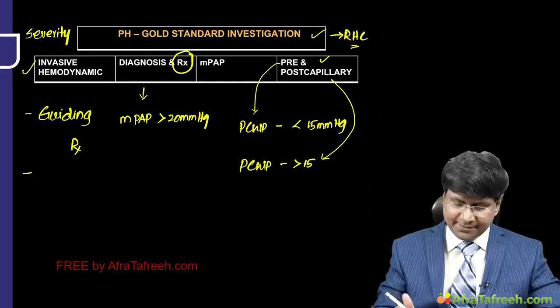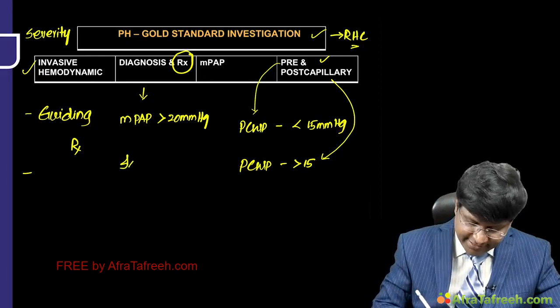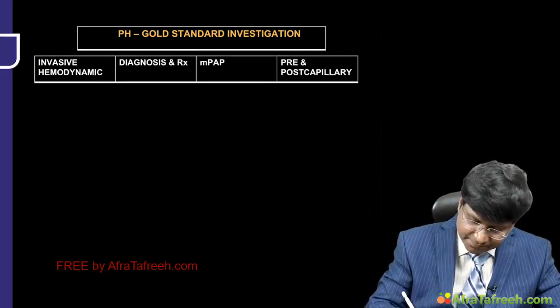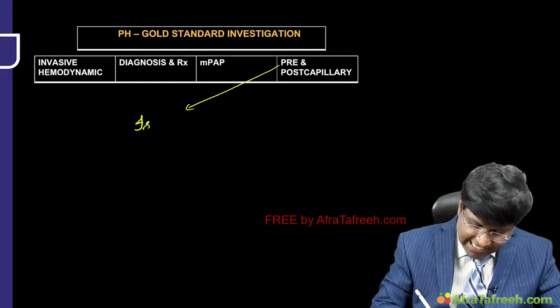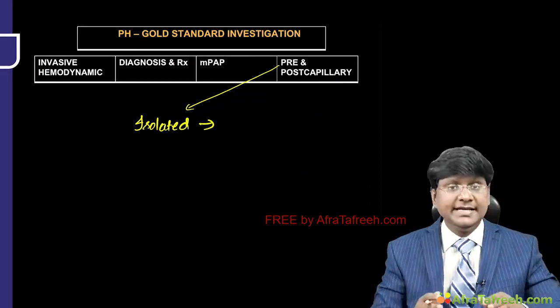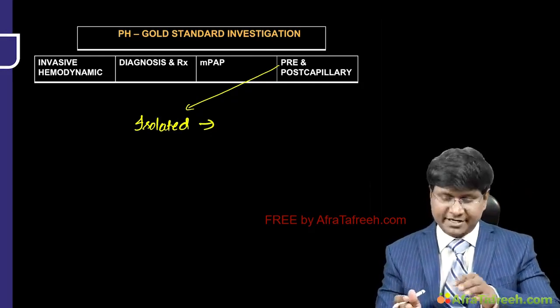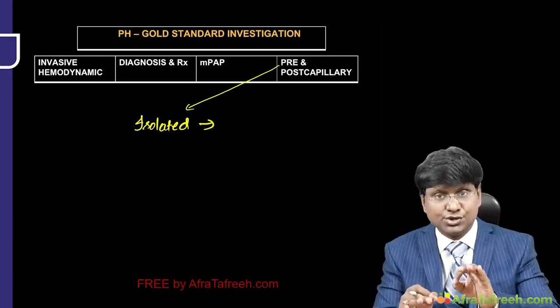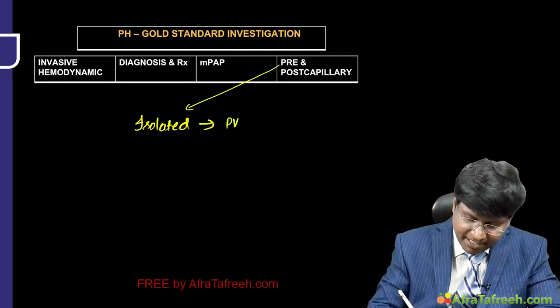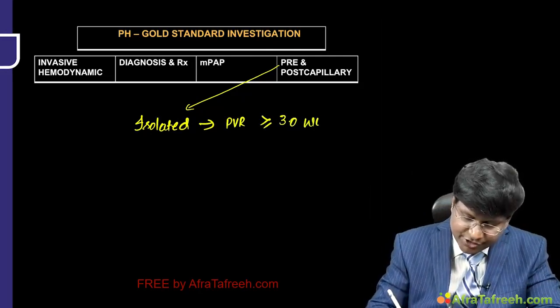And not only that, in isolated pre-capillary pulmonary hypertension, right heart catheterization shows that pulmonary vascular resistance is more than or equal to 3 Wood units.